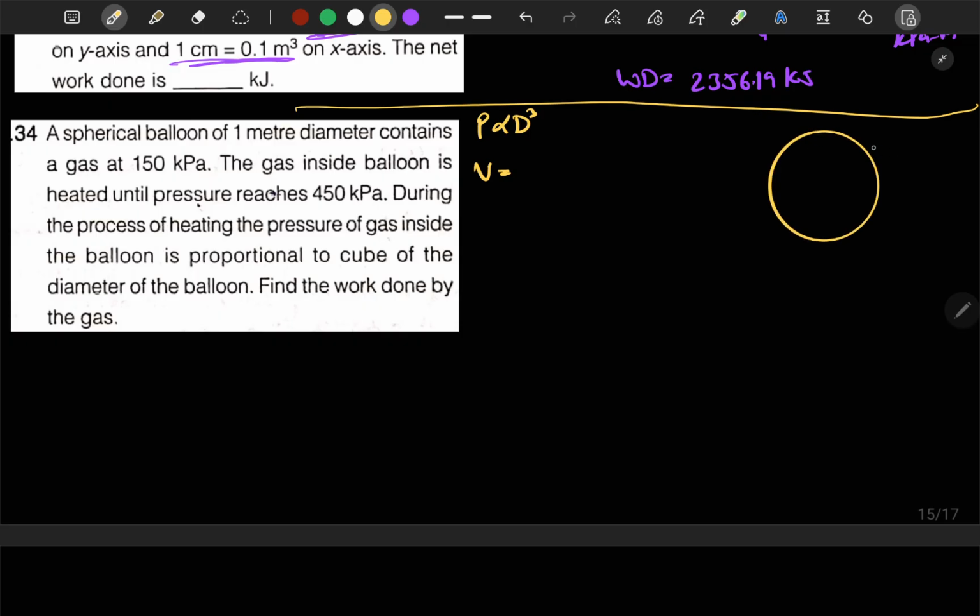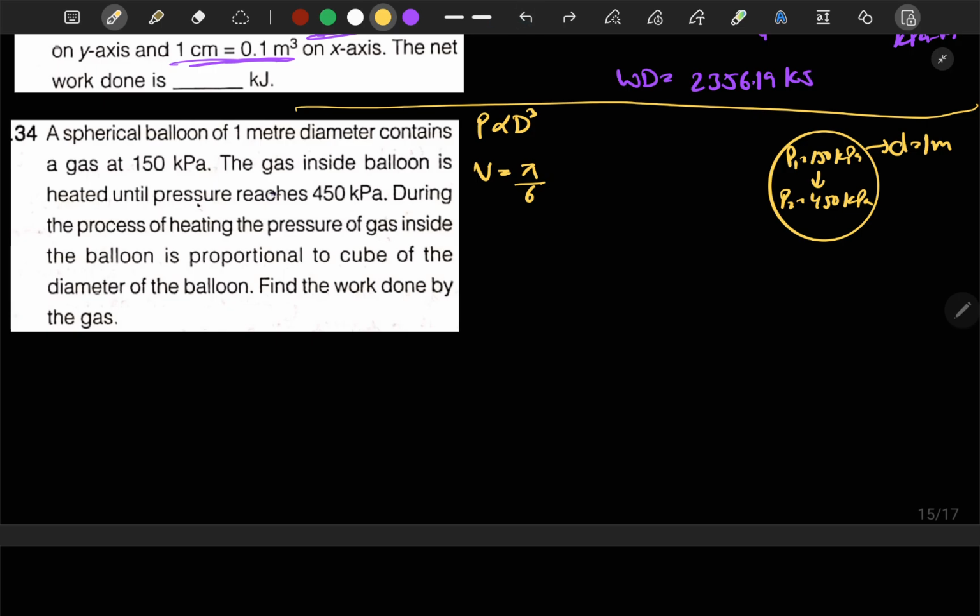The balloon having a diameter of 1 meter is initially at 150 kilopascal and reaches P2 of 450 kilopascal. The volume of a sphere is pi by 6 d cube.